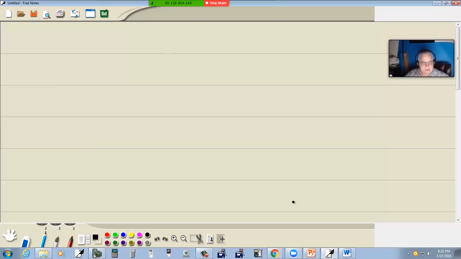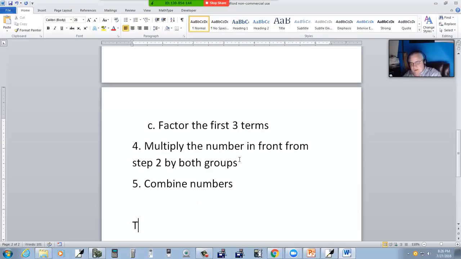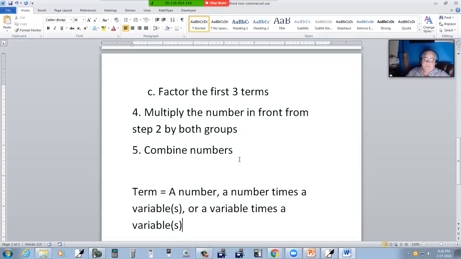Now we have some definitions. We have a term, which is a number times a variable, and I'll put an S on there to indicate you can have more than one, or a variable times a variable. And again, I'll put an S on there to indicate you can have more than one.